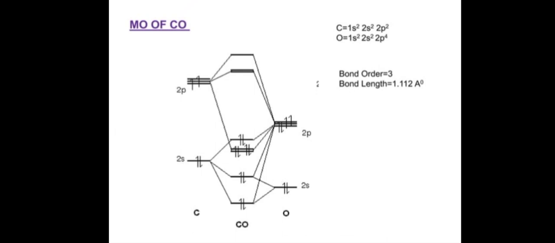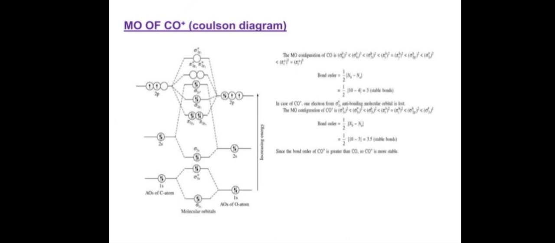First we take pi 2px equal to pi 2py orbitals, and 4 electrons are distributed in pi 2px and pi 2py. Then the remaining 2 electrons are distributed in the sigma 2pz orbital. So the configuration is pi 2px2, pi 2py2 and sigma 2pz2, whereas the anti-bonding molecular orbitals pi star 2px, pi star 2py and sigma star 2pz are empty.